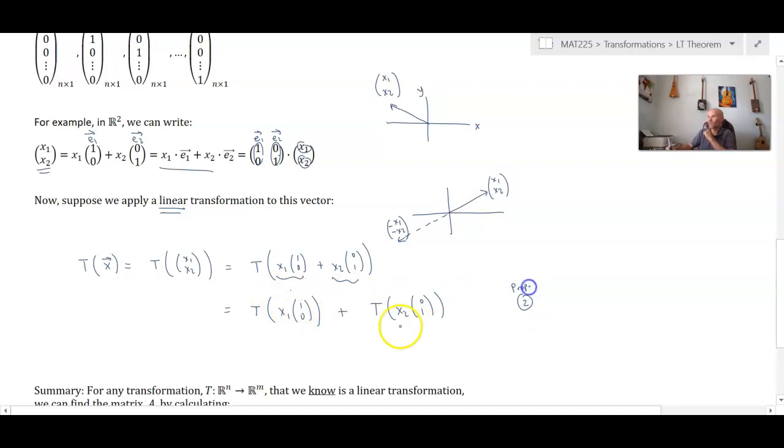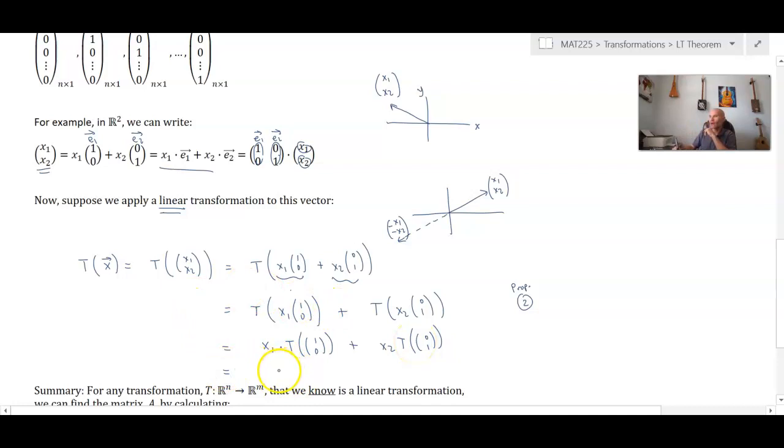And by property 1, if I have a scalar times a vector that I'm transforming, I can write this as x1 times the transformation of the 1, 0 vector. And I can do the same thing over here. Now I'll write this out in one final way.